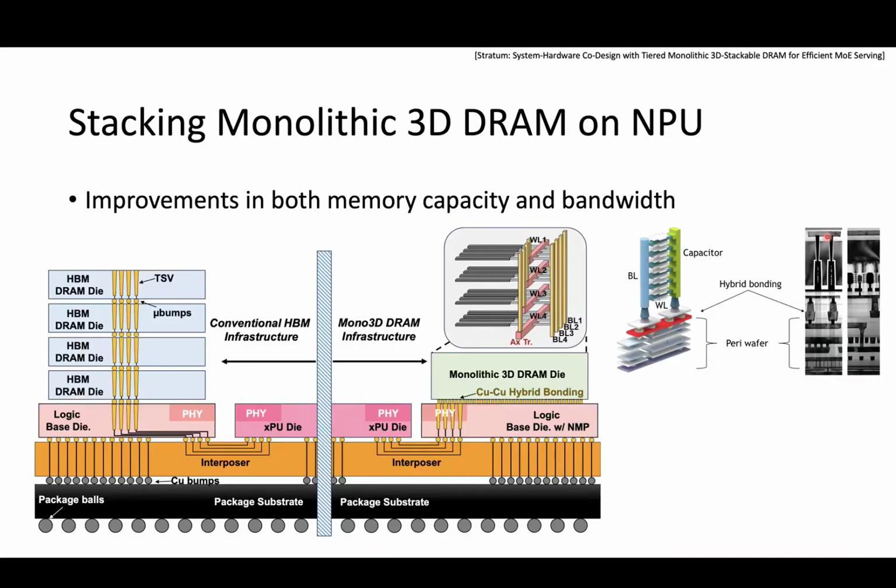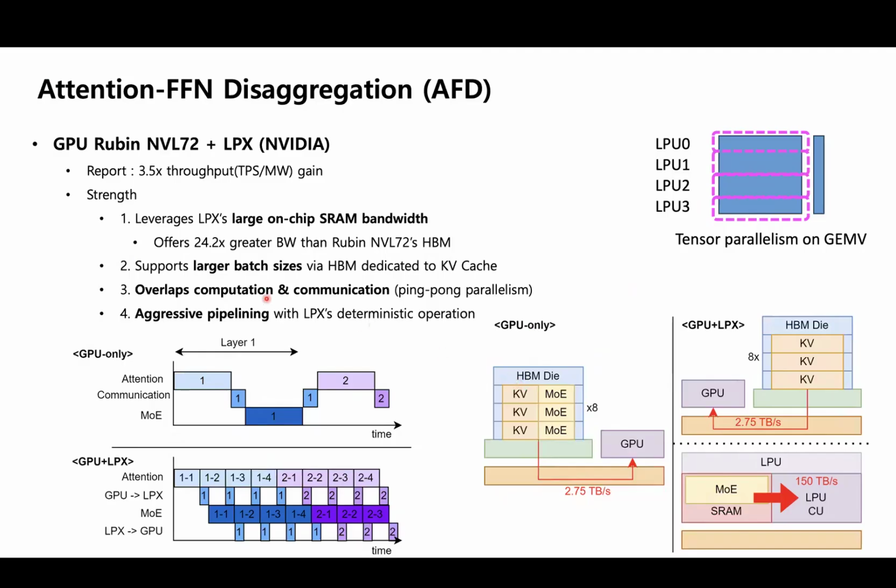And we also studied the possibility of having 3D stacked DRAM. In the case of the LPU, we could benefit from large on-chip memory bandwidths. That's good. But the limitation of on-chip memory is the capacity. We have very small capacity.